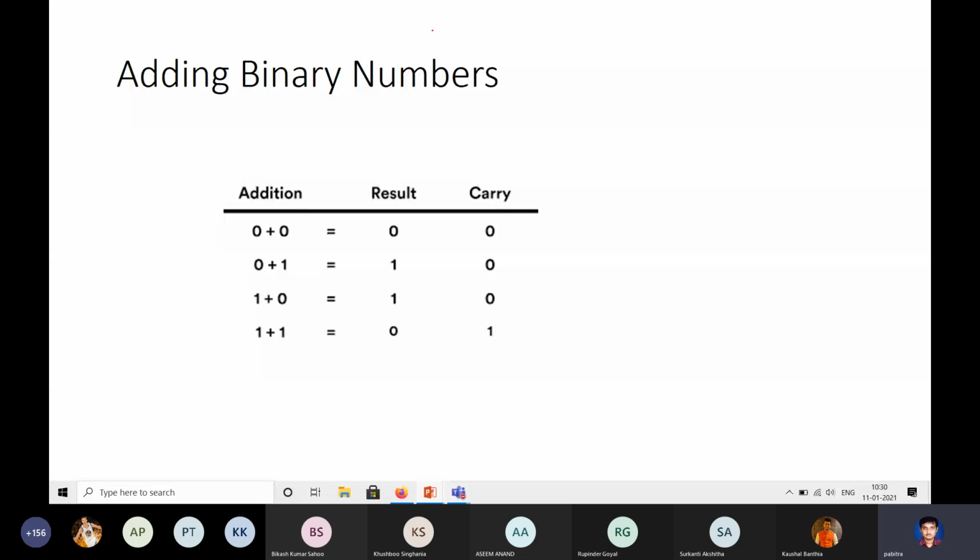So 0 plus 0 is 0 in binary, in fact, as well as in decimal. So 0 plus 1 is 1 in decimal and also 1 in binary.